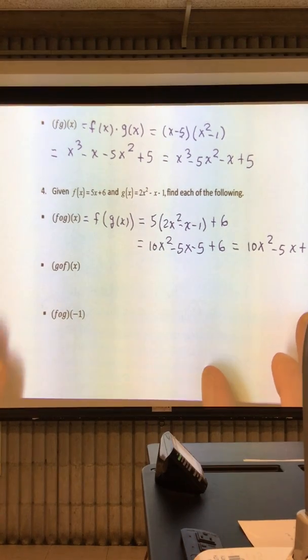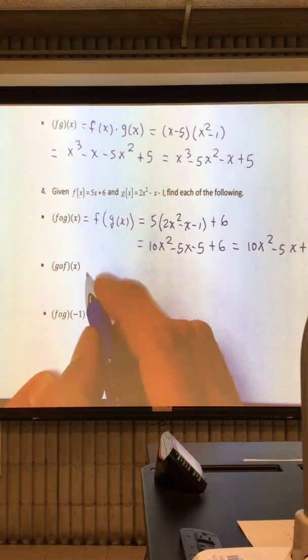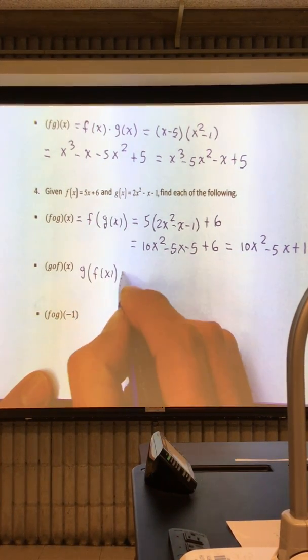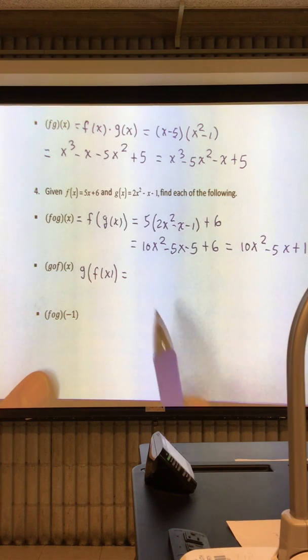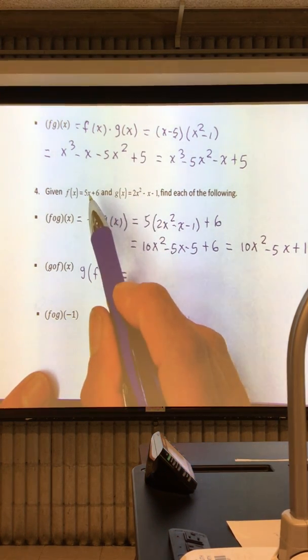The next asks us to compose the functions in the opposite direction. So we wish to take g of f of x. So we go to the g function, and for each x there, we replace it by the entire f function.